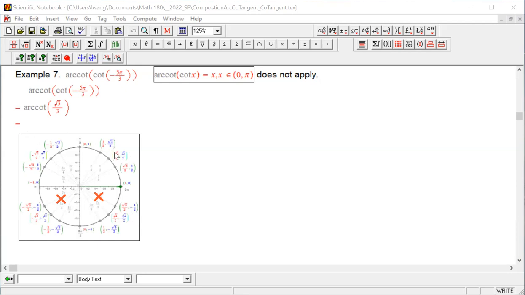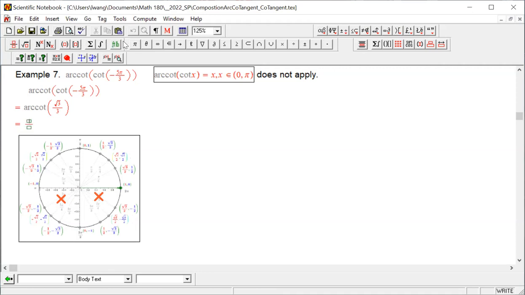And you find that ratio that corresponds to that angle measured from the standard position counterclockwise, because we know the answer has to be between 0 and pi because the range of arc cotangent tells us so. So the answer is going to be pi over 3 one more time.